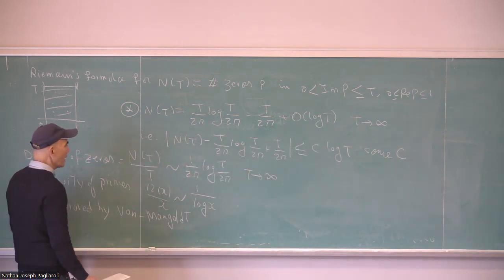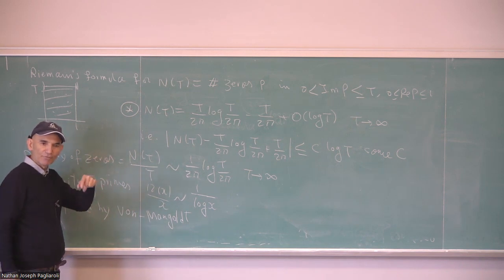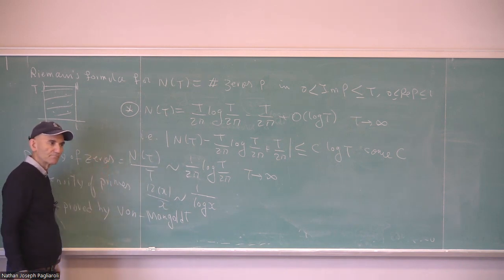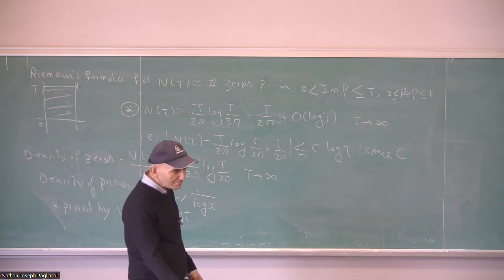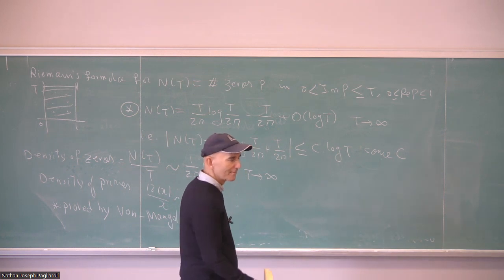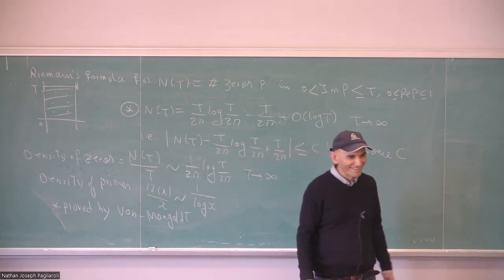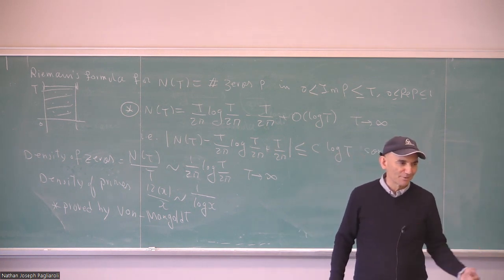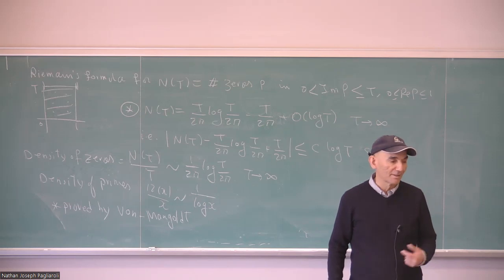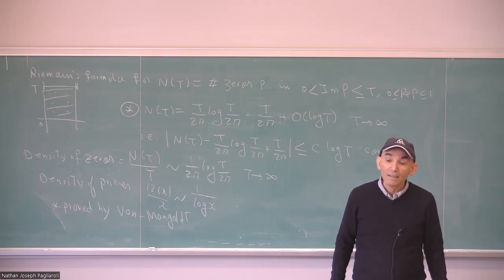So how do you find how many zeros a holomorphic function has? Do you remember a result from complex analysis? What is the result that you use to estimate and actually get the exact number of zeros and poles of a meromorphic function?